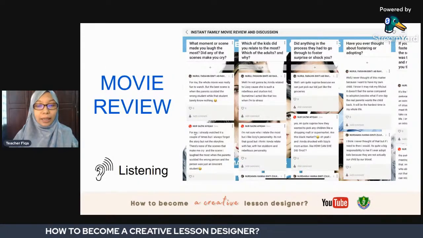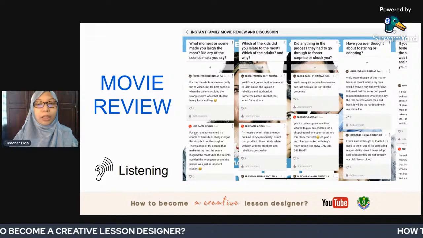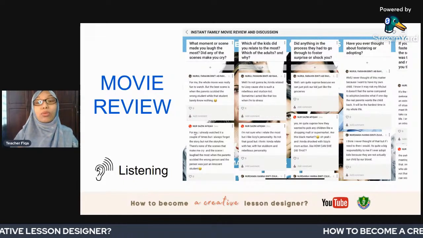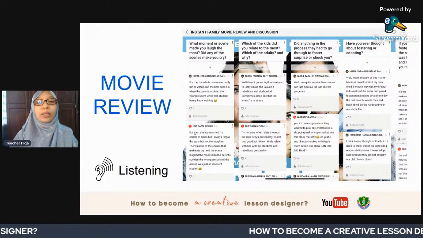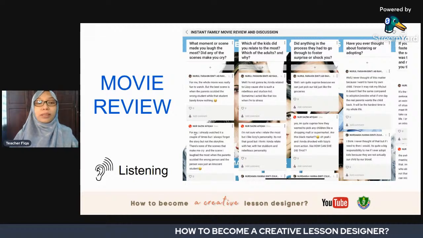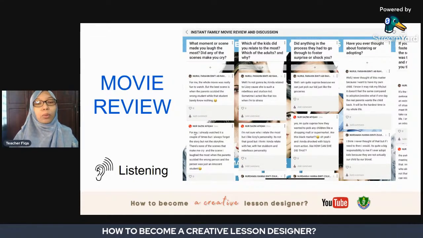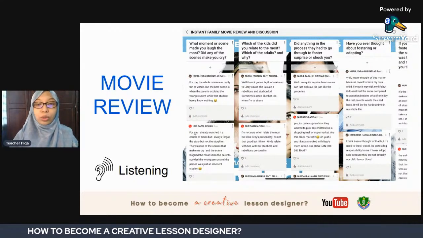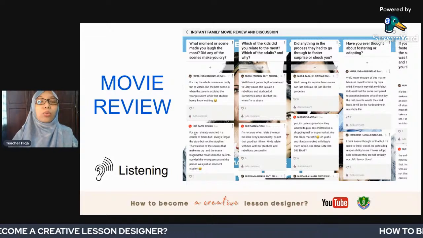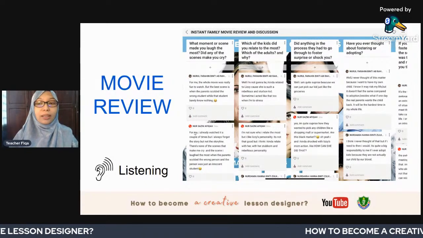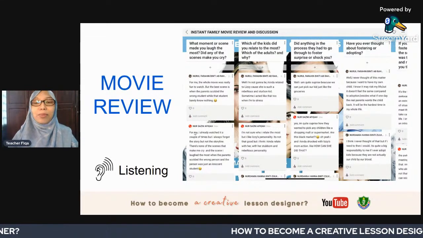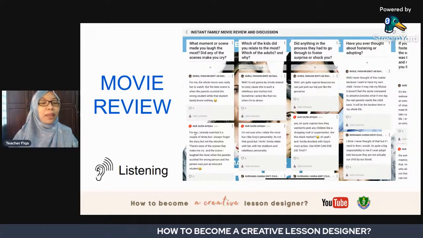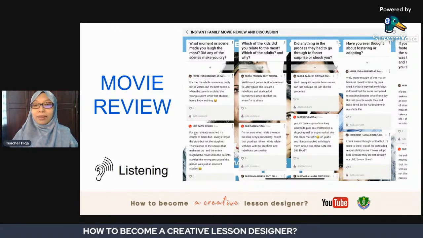All right, next idea would be that students can also write movie reviews via Padlet. In Chapter 1 in the Close-up textbook, this is the work from my Form 3 students. I asked the students to watch the Instant Family movie. You should watch that. It's a very funny movie, but it carries many strong messages related to family.